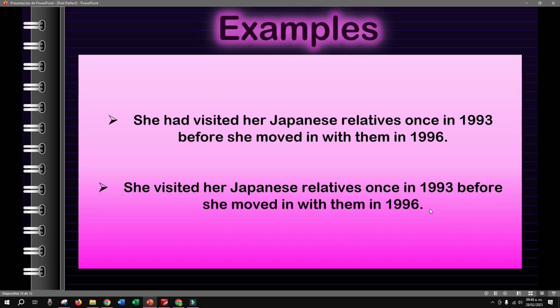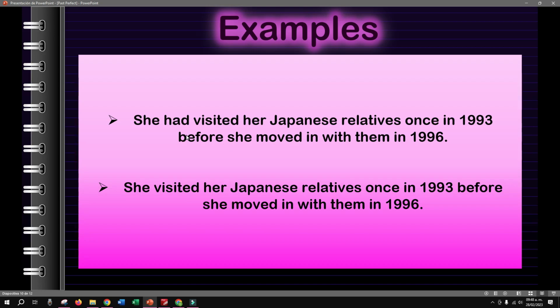Before she moved in with them in 1996. So in the past perfect, you can say an action did occur at a specific time. The simple past can be used instead of the past perfect when before or after is used in the sentence.